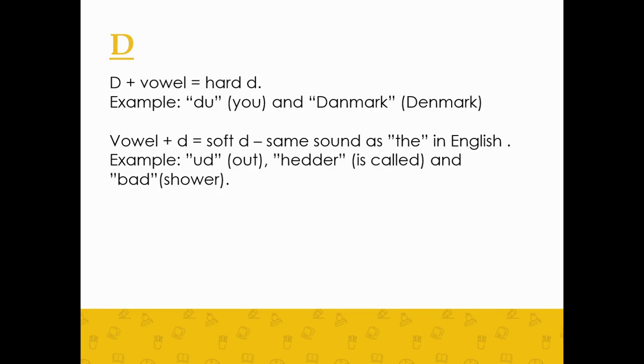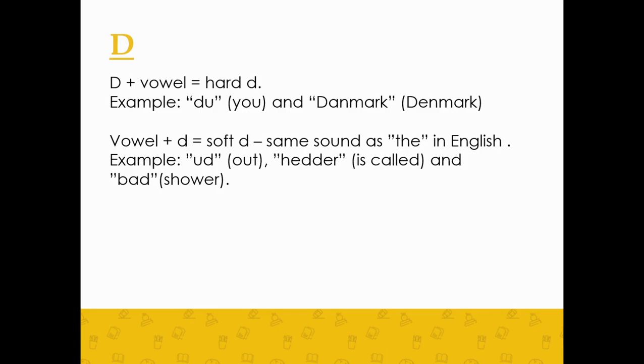So maybe you think, but you're just saying an L sound when you say this, but you really don't. Now, if you have a vowel and a D, you need to make the soft D. One way you can find the soft D is to try to say an L with a finger in your mouth. Your tongue will try to go to the top of your mouth, but the finger will prevent that from happening.